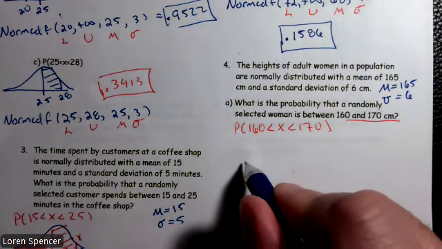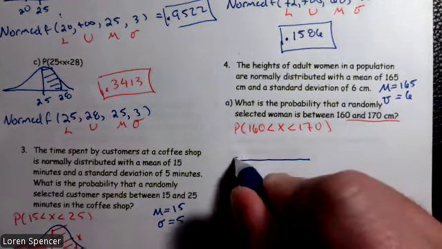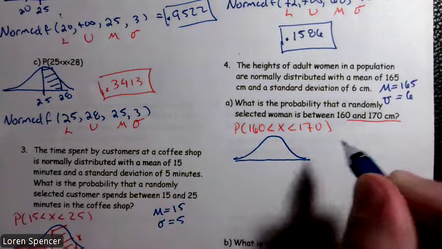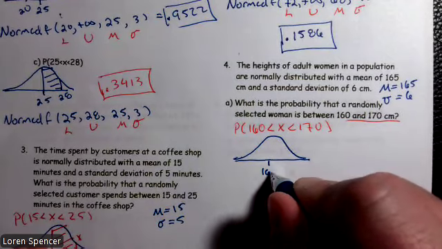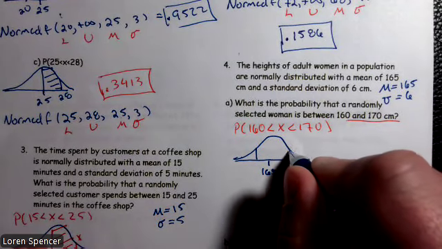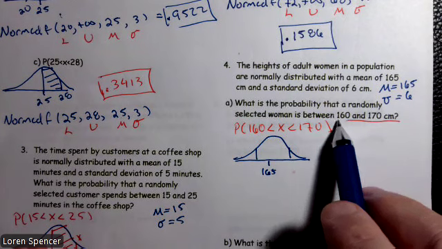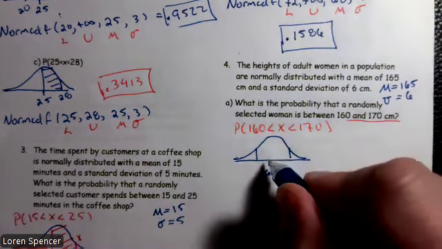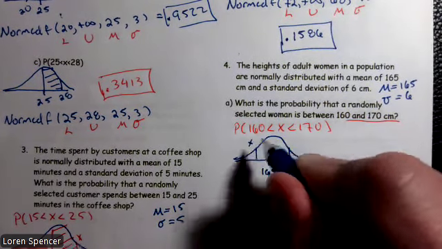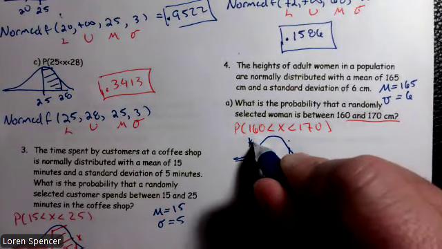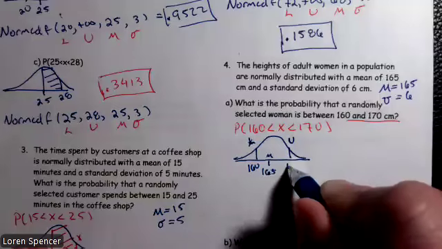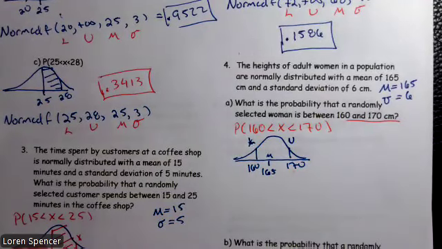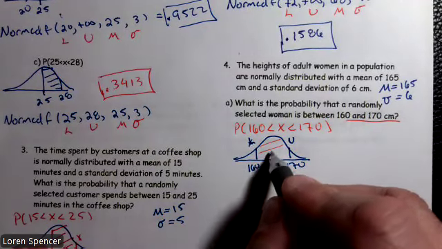So we're going to draw a picture. We're centered at 165, and we're going from 160 to 170. This is my lower, this is my upper, and we're looking for the area in between here.